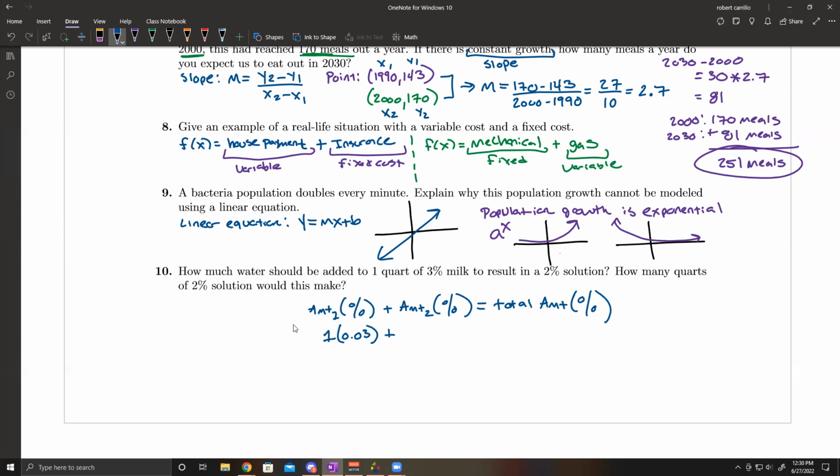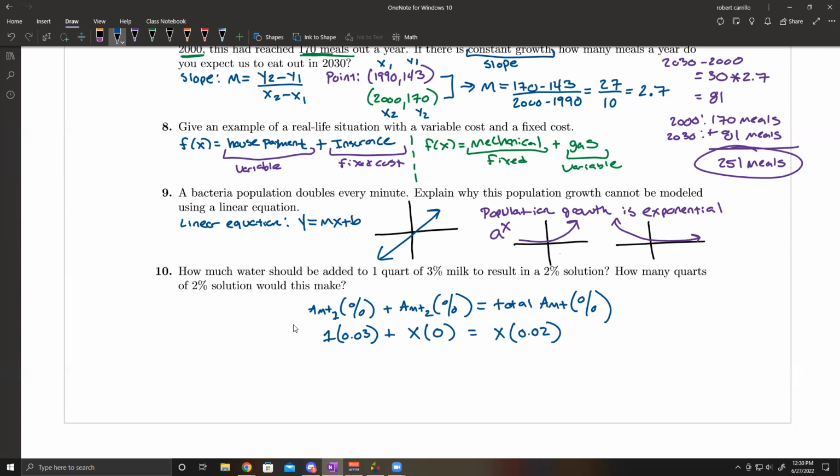So we're going to do X amount of water, and the concentration of water is 0. And then the last thing we don't know is how much the total solution is. So that's going to be X, but we want it to result in a 2% solution. So this will be X times 0.02.